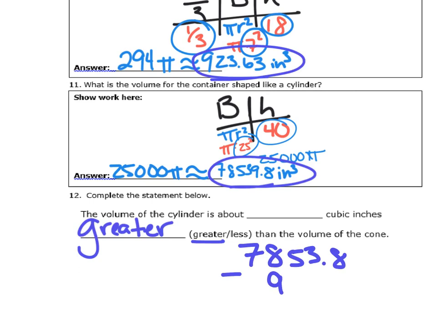Oops, I forgot a number here. 78,539.8, minus 923.63. So we're just going to type those into our calculator. We're not even going to worry about subtracting those by hand.